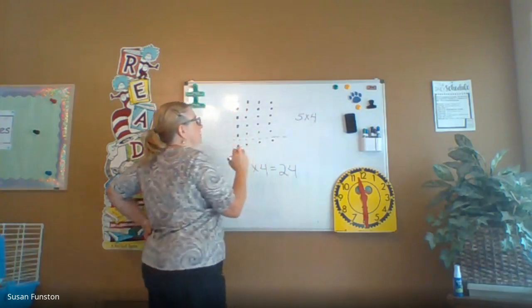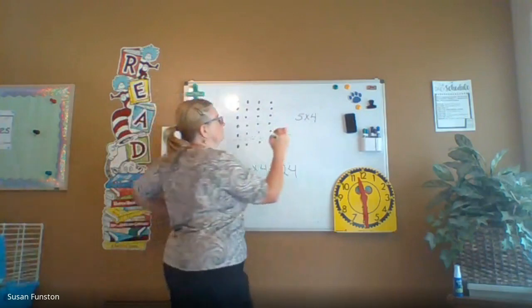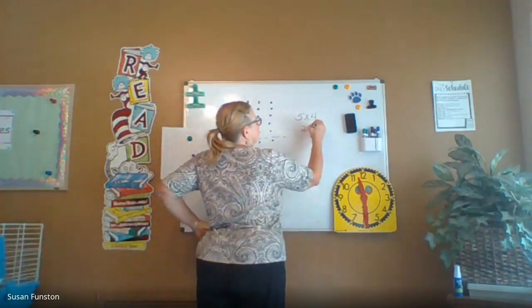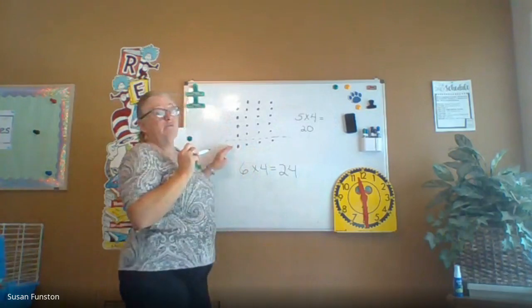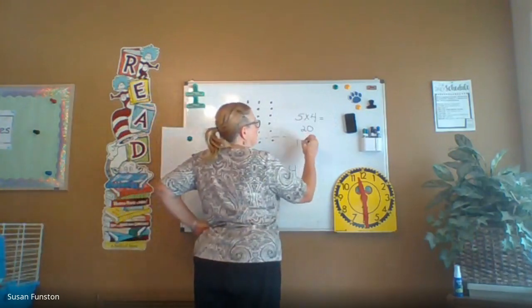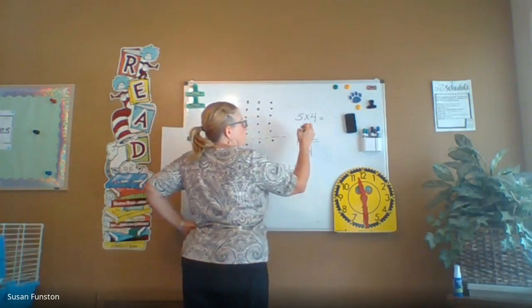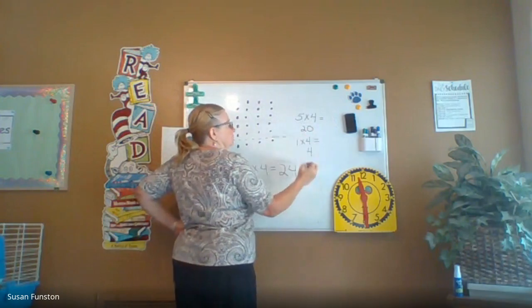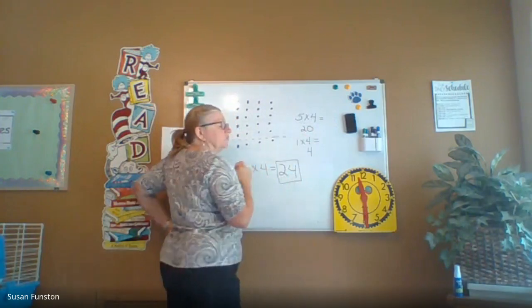So I can count by 5s. 5, 10, 15, 20. And all I have left is 1 row here. My 1s are super easy. So 1 times 4 is 4. All I do is take my 5 4s plus my 1 4, and I end up with 24.